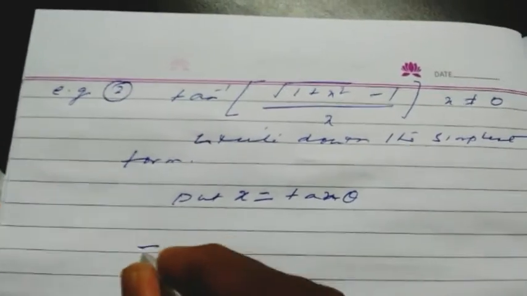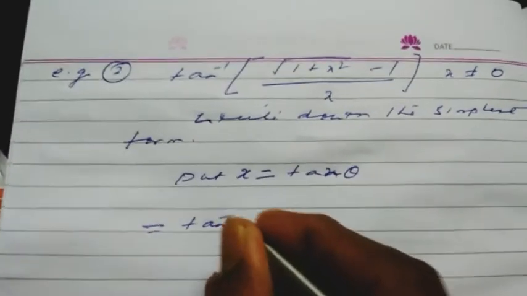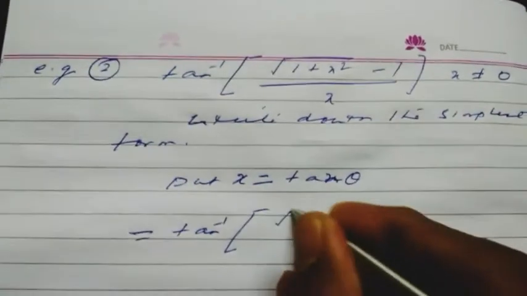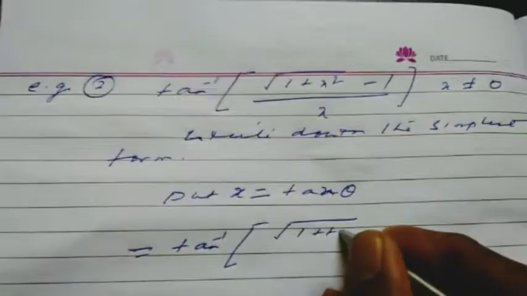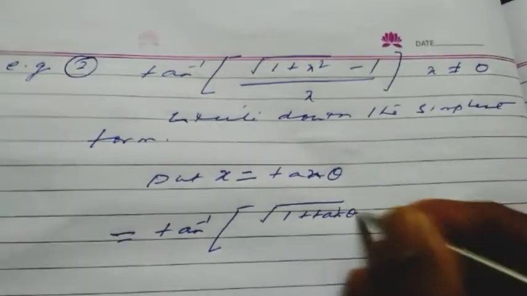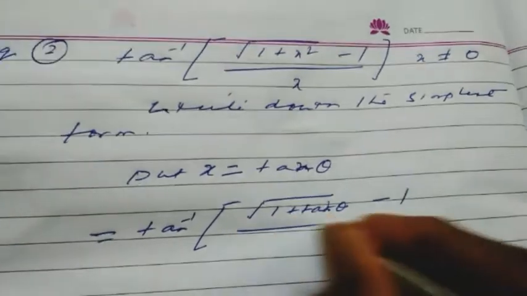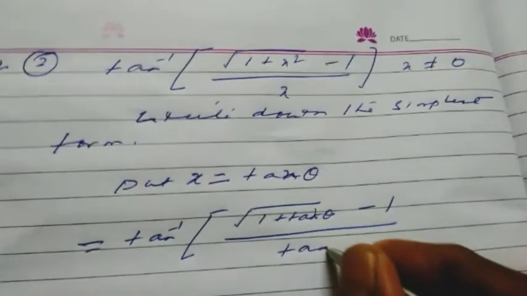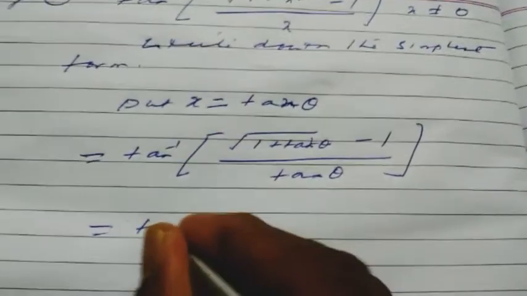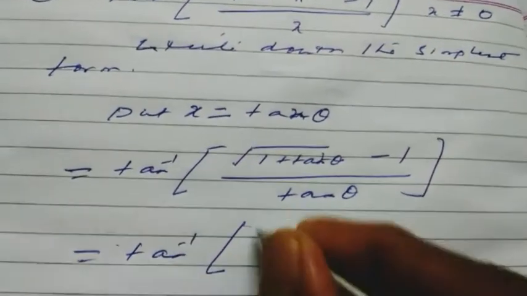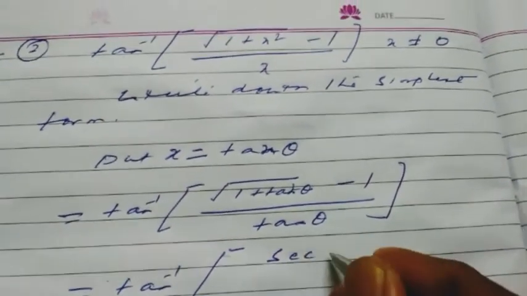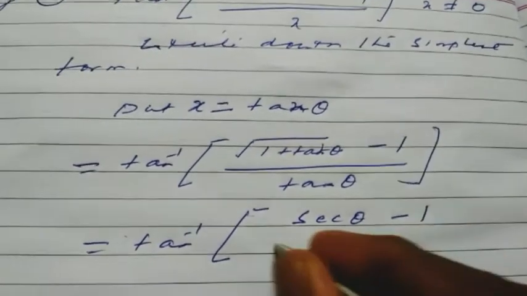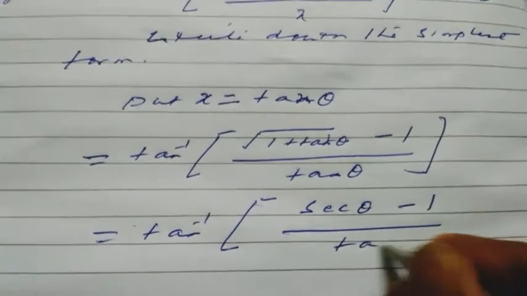So by putting so, this will be tan inverse of root under 1 plus tan square theta minus 1 upon tan theta. That will give you tan inverse of sec theta minus 1 upon tan theta.